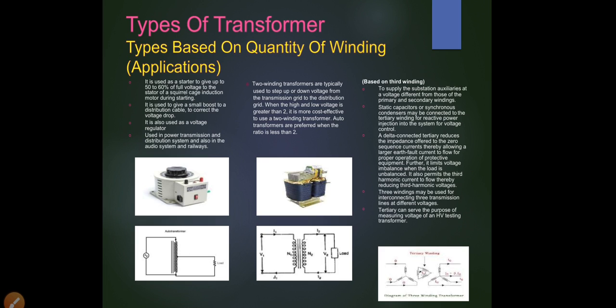During starting purposes you will use it, and it is also used to give a small boost to distribution cables to correct the voltage drop. This is another application, and it is also used as a voltage regulator, as we already discussed in the previous slide. It is also used in power transmission and distribution systems, and also in audio systems and railways.